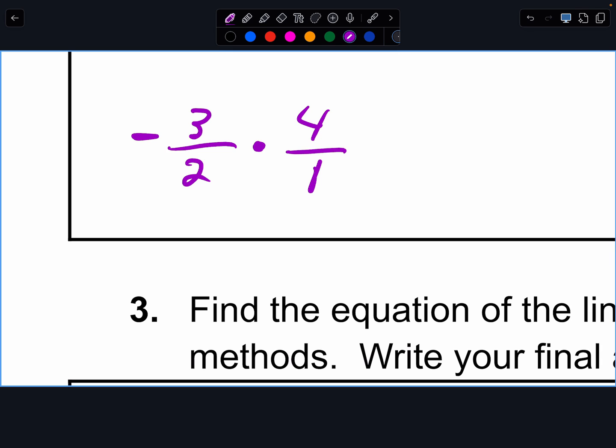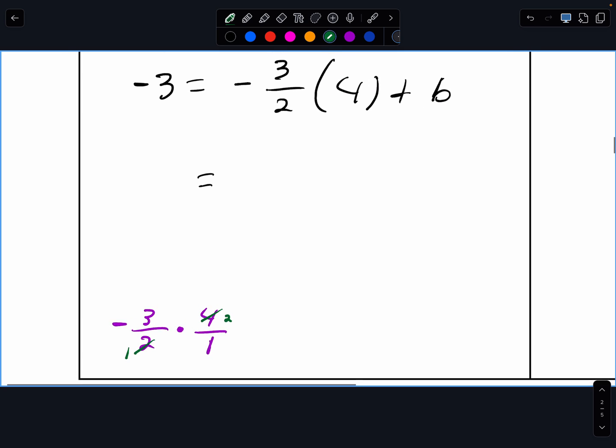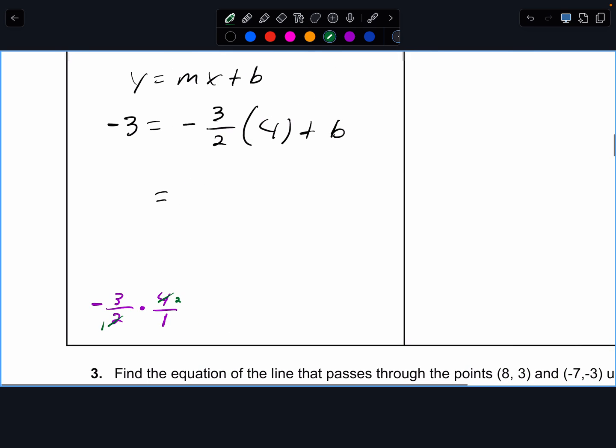So what is negative 12 over 2? Negative 6/1, so negative 6. Or what I would encourage you to get comfortable with is that you look diagonally first to reduce, and that would give you negative 6 as well. It's your call, whatever you feel comfortable with. The key thing is that 4 does not multiply to both.